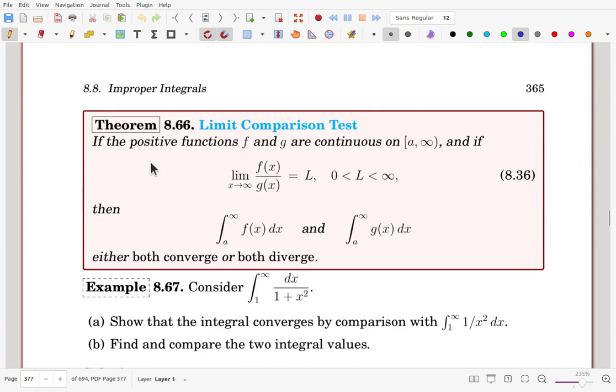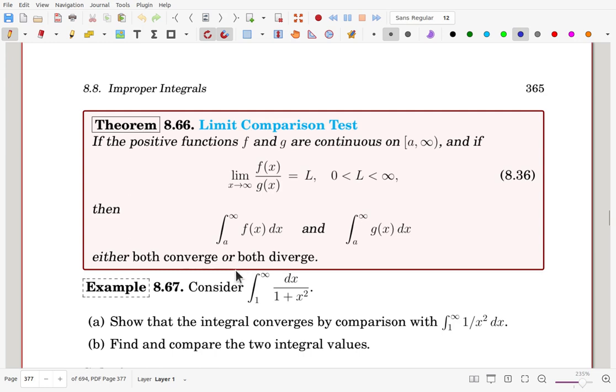Okay, f and g are positive and continuous over this infinite interval, and if the limit of f over g is L, where L is not 0 and not infinity, some finite, positive non-zero value, then the integral of f and the integral of g behave the same.